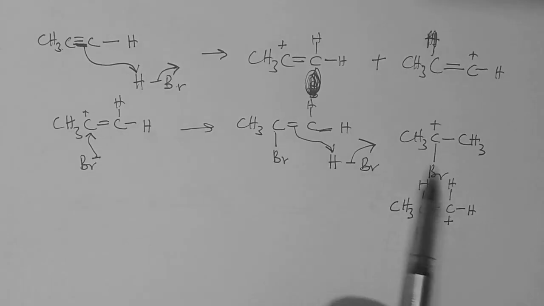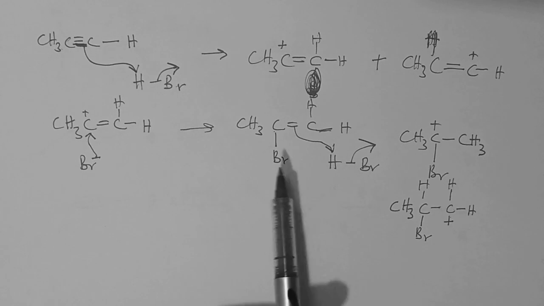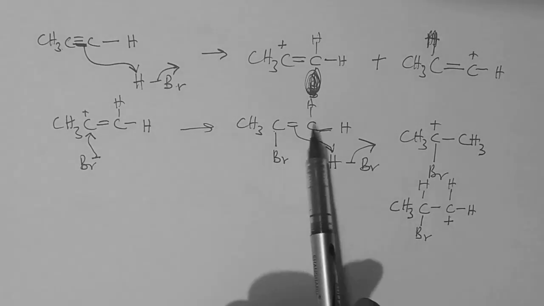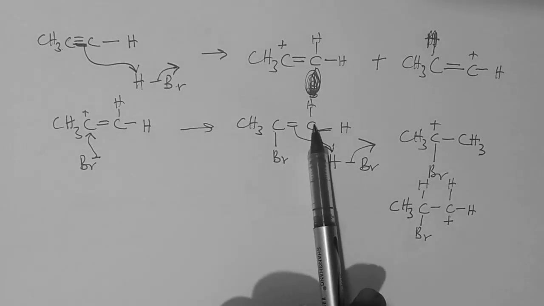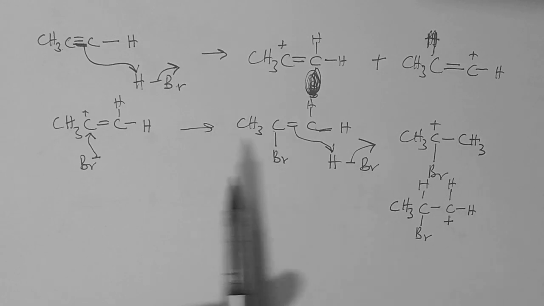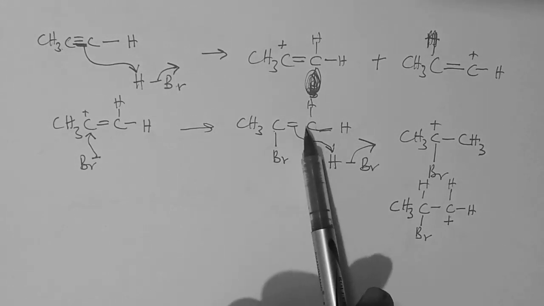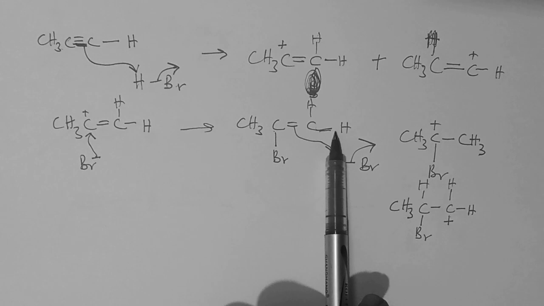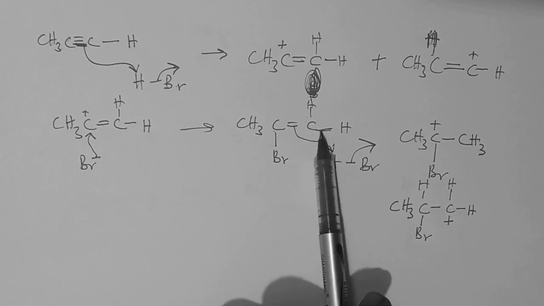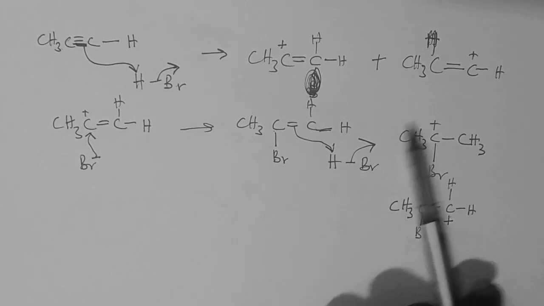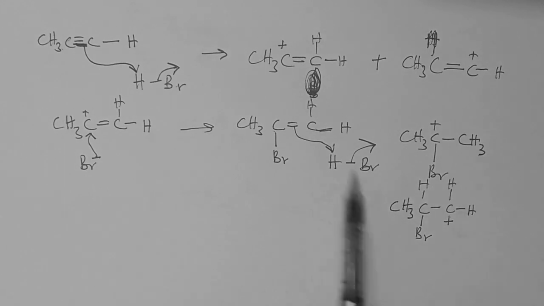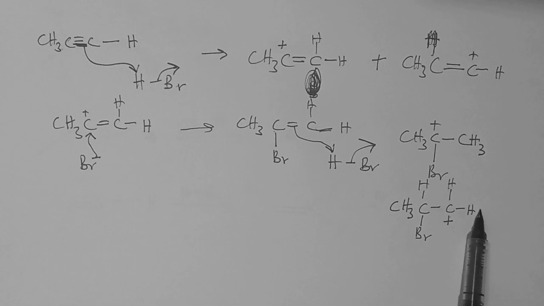So in this case too, there are two possibilities. The proton could have gone to this carbon or to this carbon. But if the proton goes to this carbon, then that will lead to the formation of the major product, as in this case. And if the proton goes to this carbon, that will be a minor product.